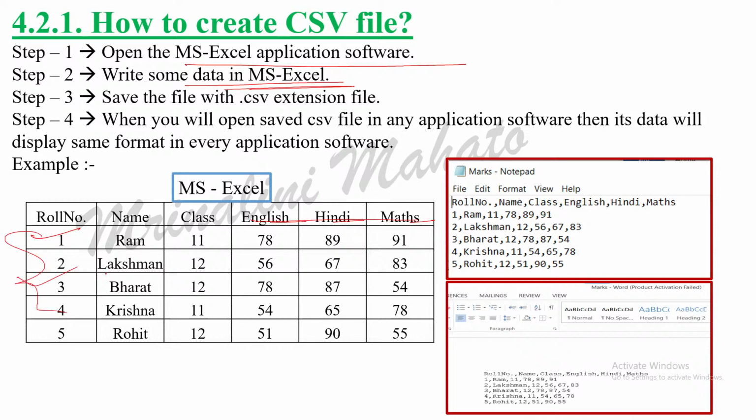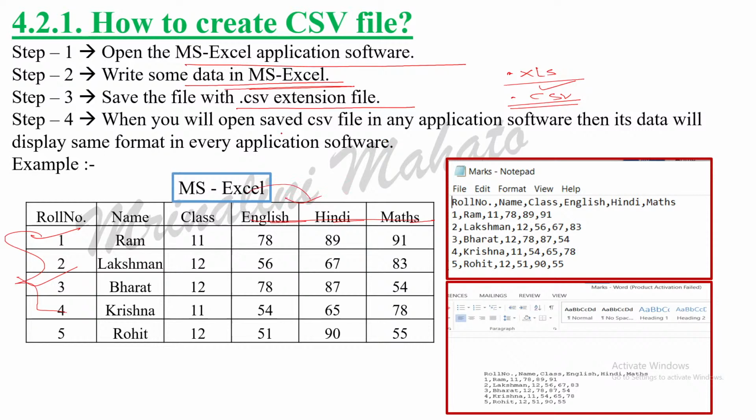Like this data. Save the file with .csv extension, because whenever you write it in MS Excel, the extension file is CSV file, so that is why you have to save the file in .csv format. Then your Excel sheet will convert to the CSV file.